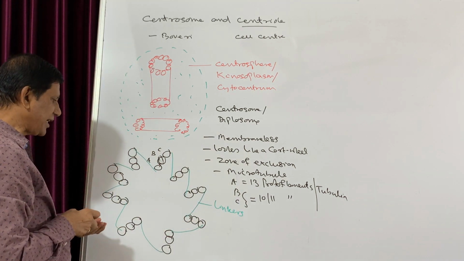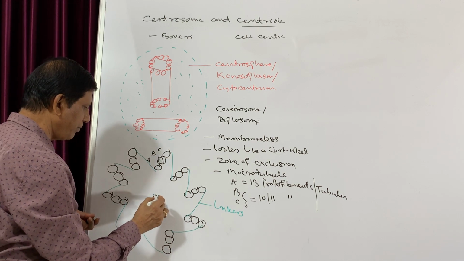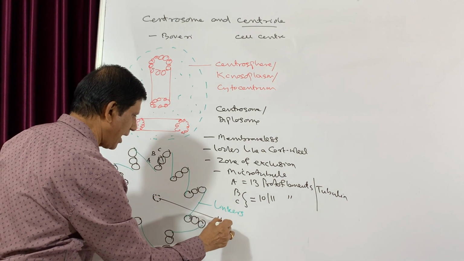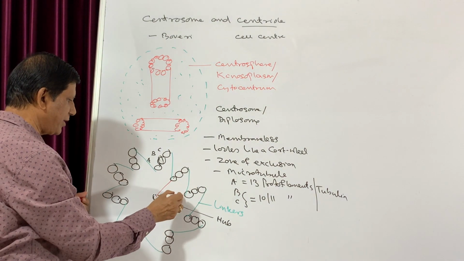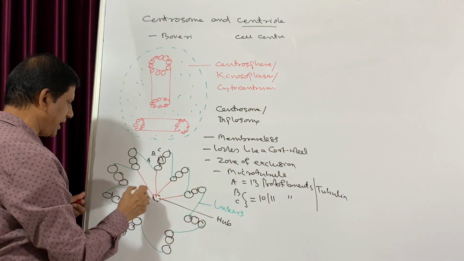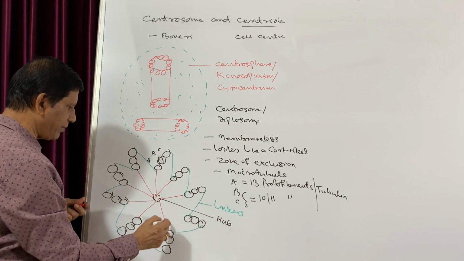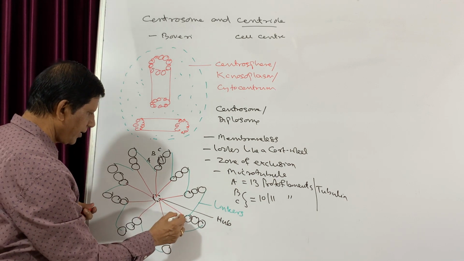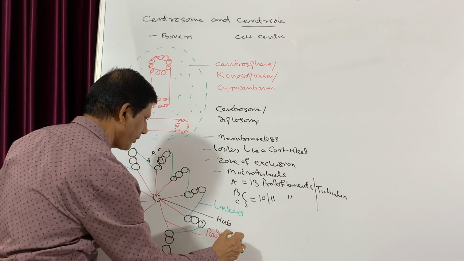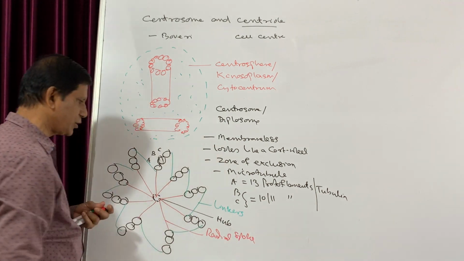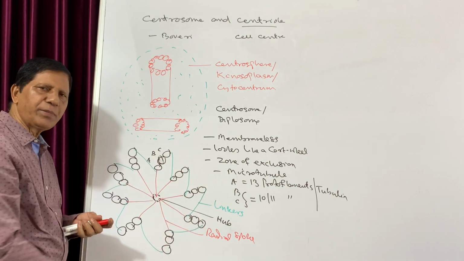And at the center there is a hub. This is the hub, and to this hub usually they are connected by means of radial spokes. The A of each triplet is connected by means of radial spokes. So these are the radial spoke. So you see, it is completely membraneless.